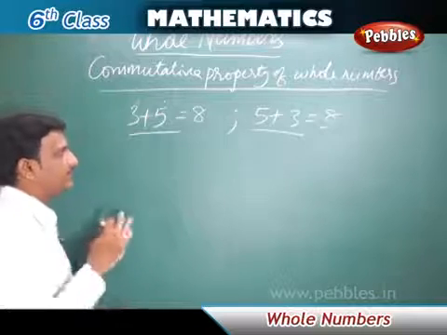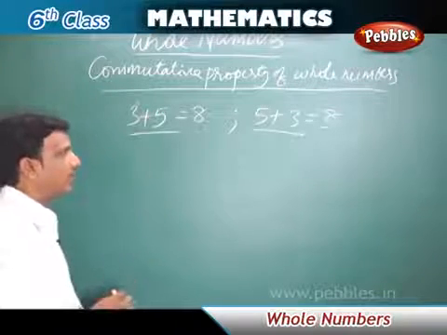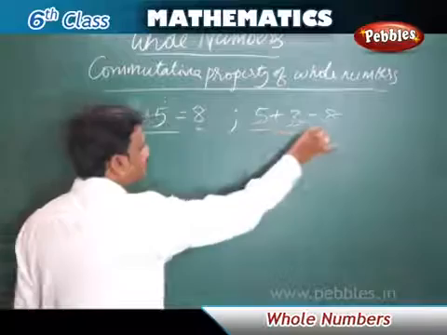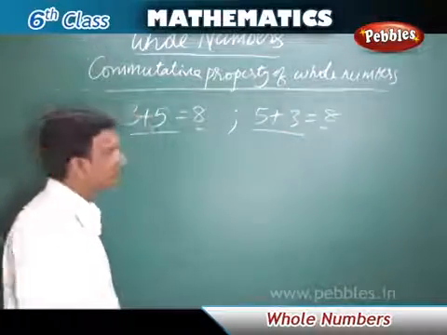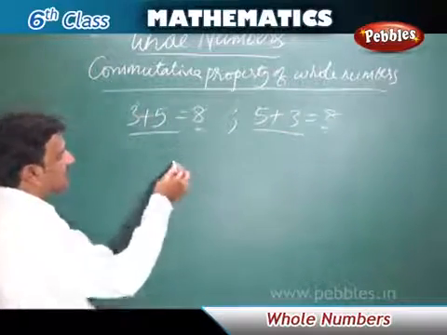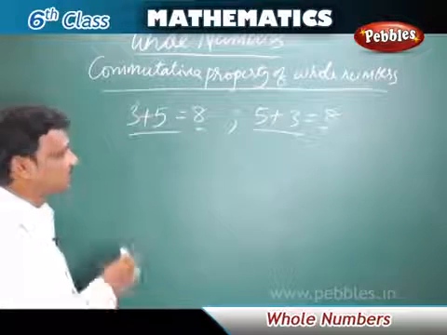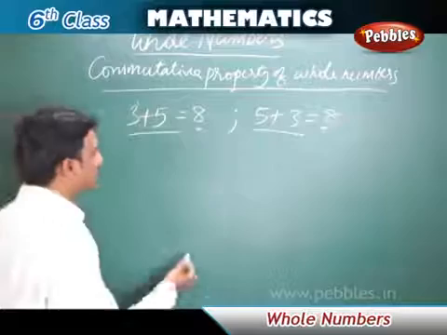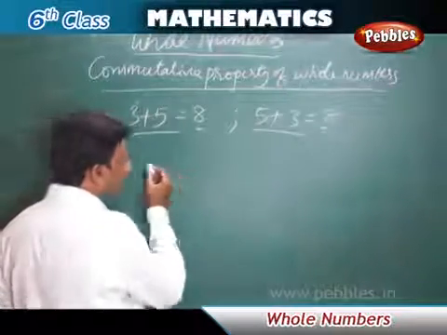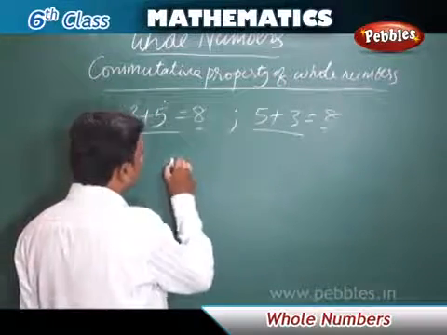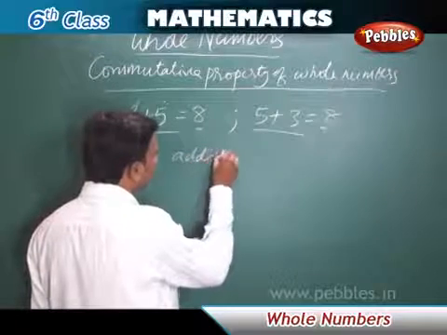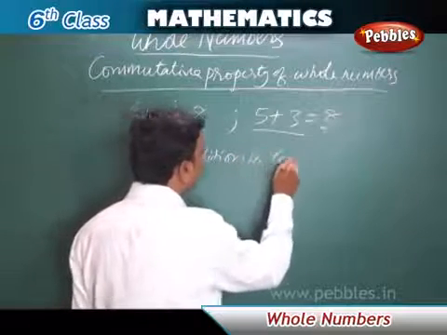Even though the order is changed in the addition of whole numbers, the result will be the same. So we say that this property is known as commutative property. Here we say that the addition is commutative in whole numbers.